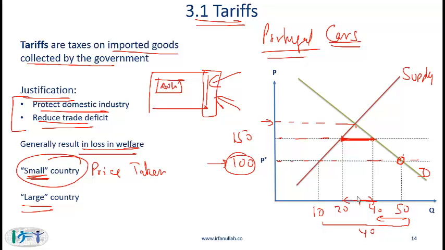So notice that imports go down. But what else is going on over here? Is there any impact to the consumer surplus? When we had free trade and no tariffs, then the consumer surplus was this entire area over here, in fact, this whole triangle.